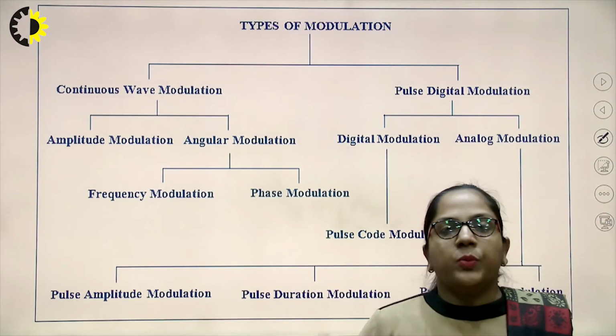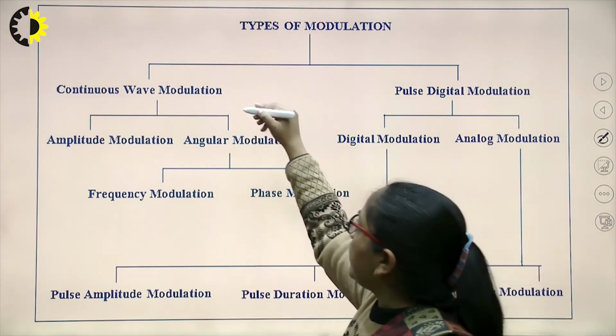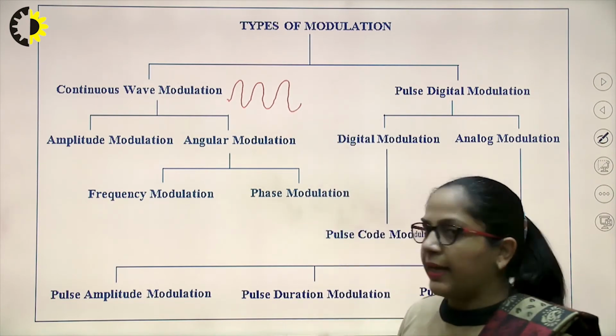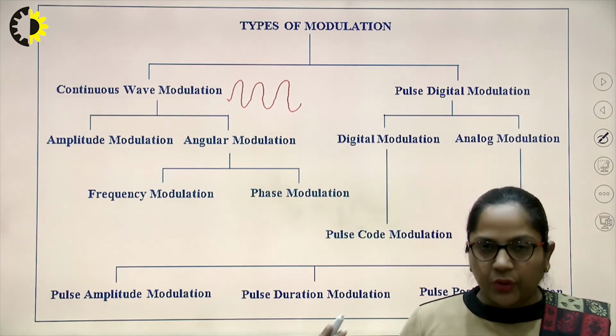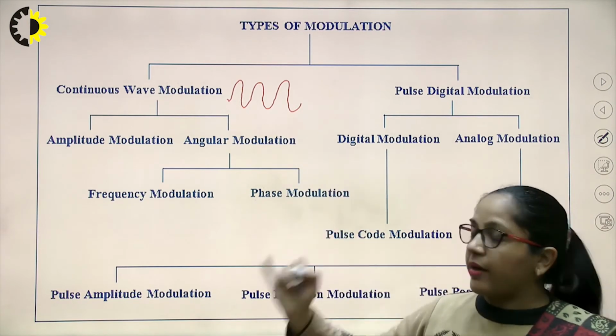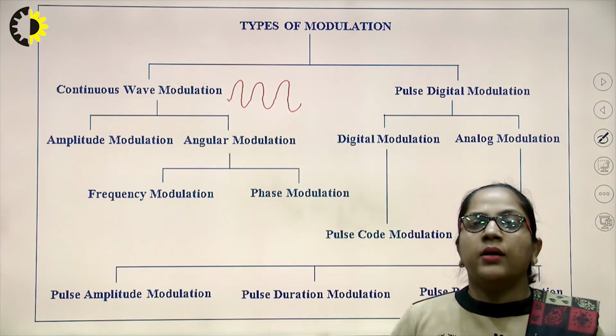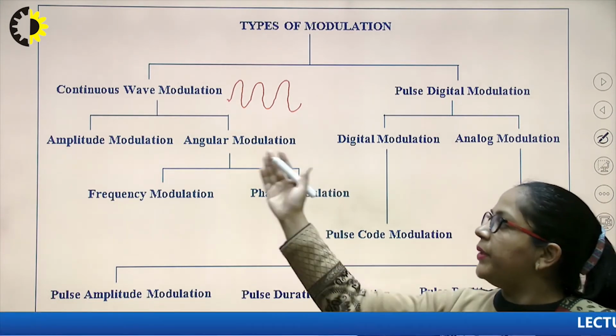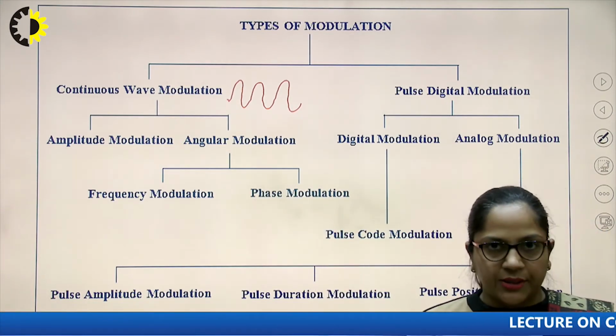What is amplitude modulation? If our carrier is a continuous wave and the amplitude of this high frequency carrier wave varies according to the instantaneous value of the message signal, then it will be a kind of amplitude modulation.